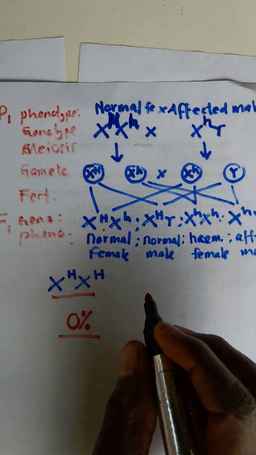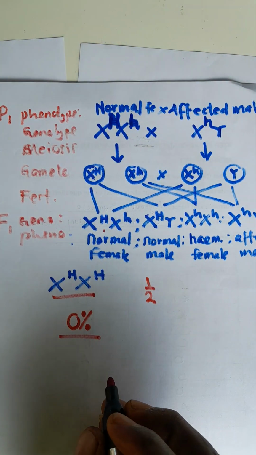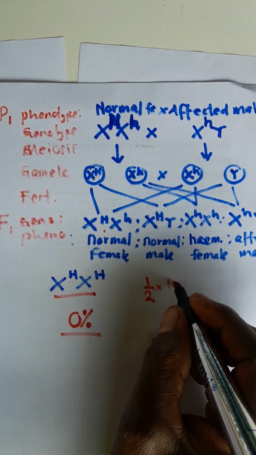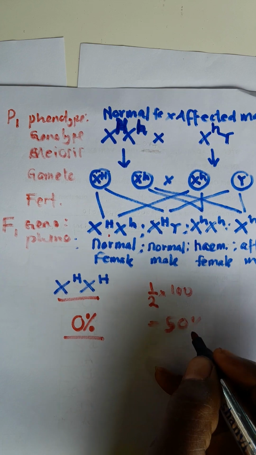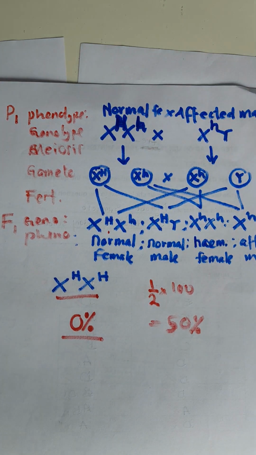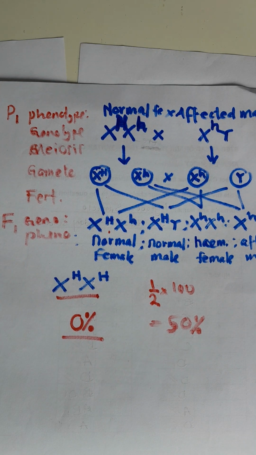So we're going to say 1/2, because there are only two daughters there, times 100, and it gives you what? 50%. It's going to be 50%. However, I'm just adding this to expand your understanding. But the answer in this case will end here at 0%.